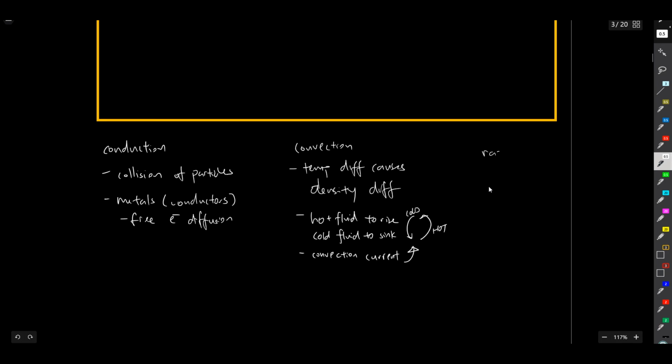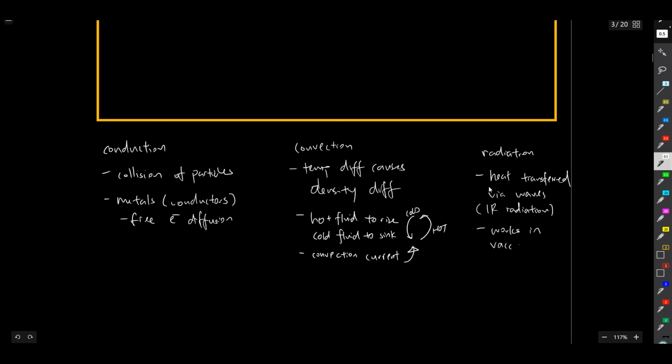Alright, and lastly, radiation is just heat transferred through waves, namely IR radiation, infrared radiation. This one works in vacuum because obviously waves can pass through vacuum.